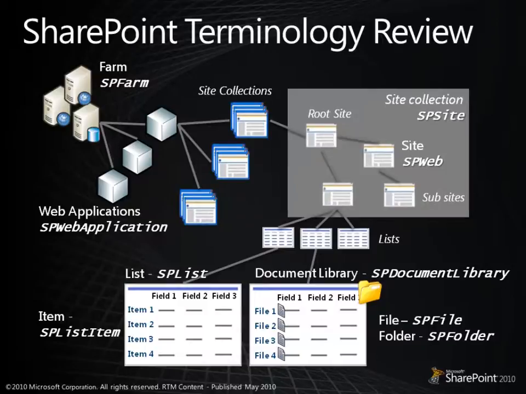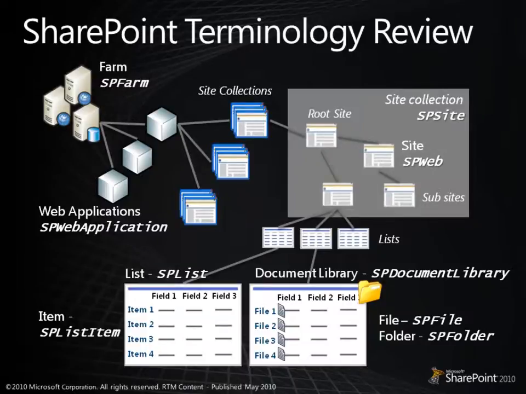The sites consist of numerous lists which are used to store information within SharePoint. There are numerous different types of lists, like contact list, task list, and so on, and each of these lists have numerous fields defined as list columns.